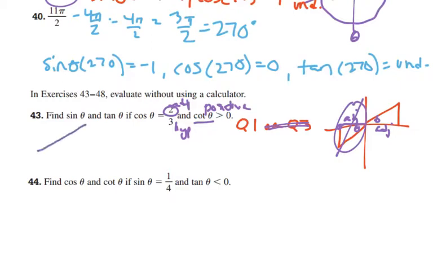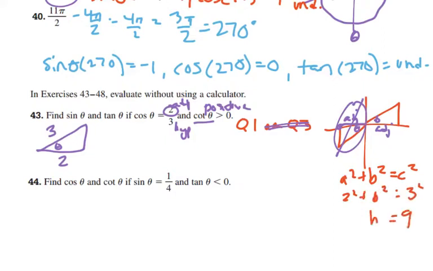So now we know that our triangle has a 2 here, a 3 here, and then we can use Pythagorean Theorem in order to find out what our missing side is. So 2 squared plus b squared equals 3 squared. And so b squared is 5, or the square root of 5 is b.